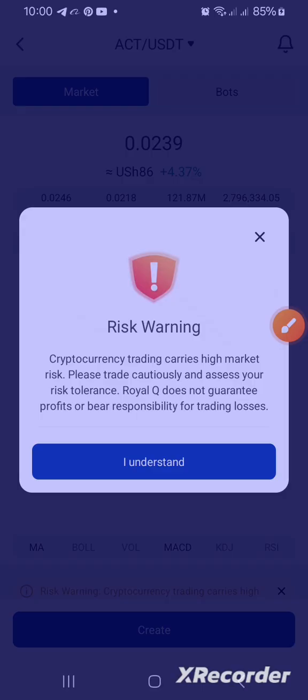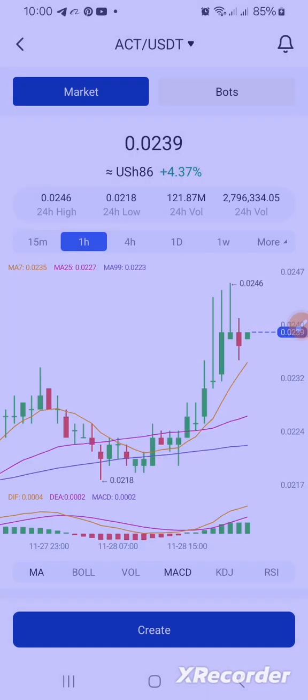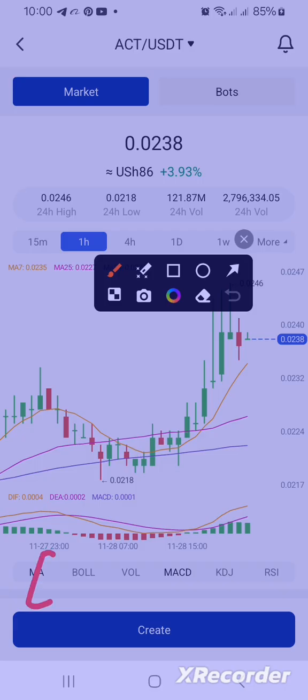So let us click on ACT. When you click, it opens. Okay, so it has those ones. This is called MA.